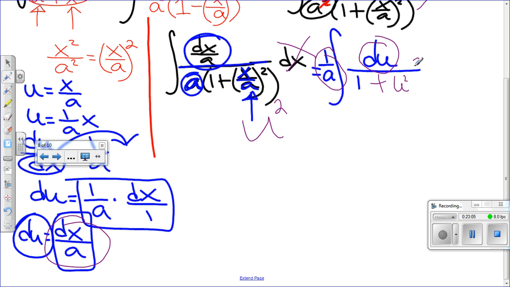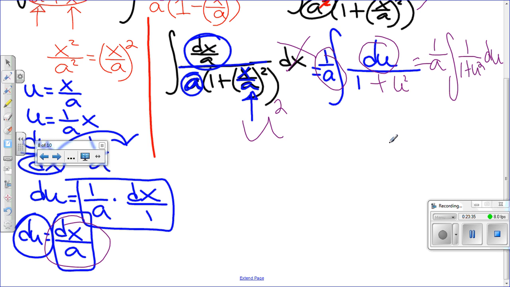And then, of course, we're going to have here 1 over a, and then the integral of 1 over 1 plus u squared, and then du. There we go. Now, that one is one of the formulas that you should have studied.